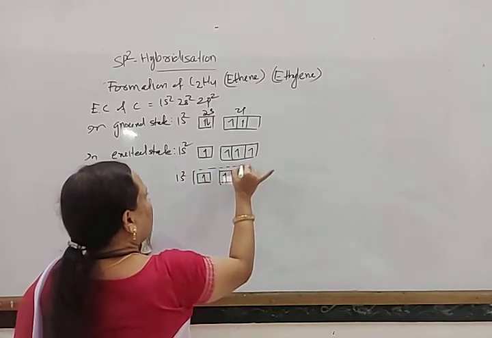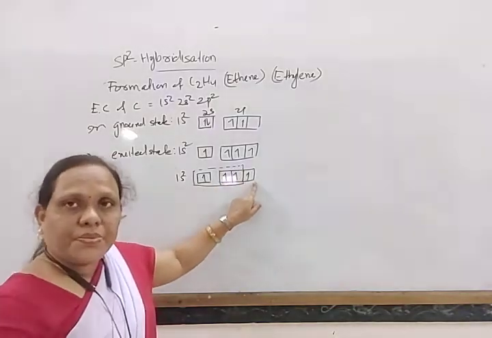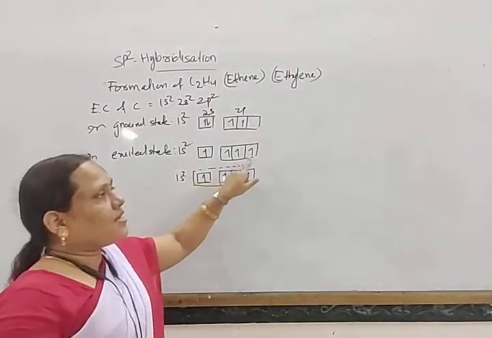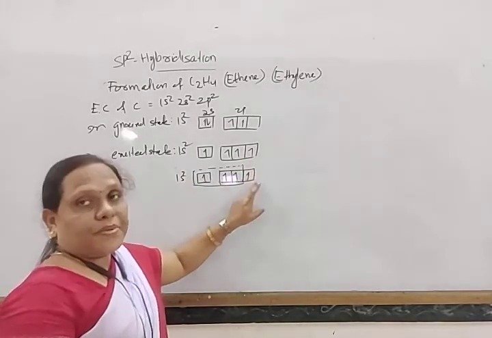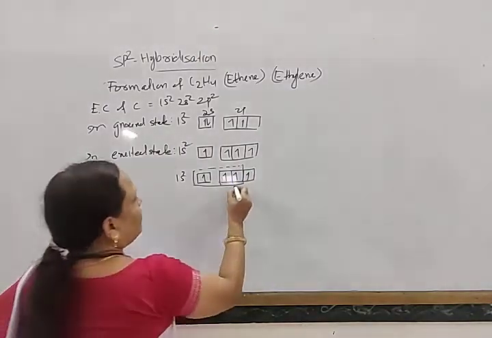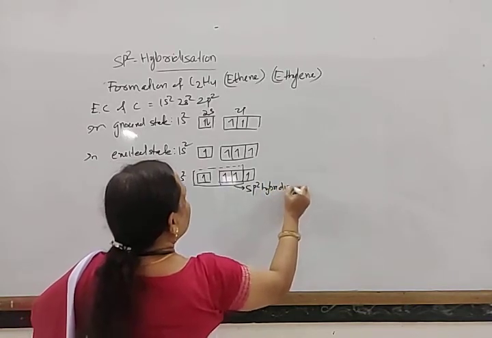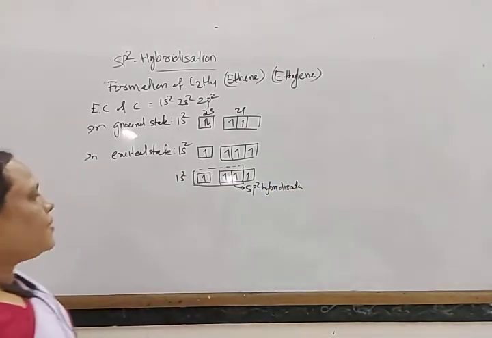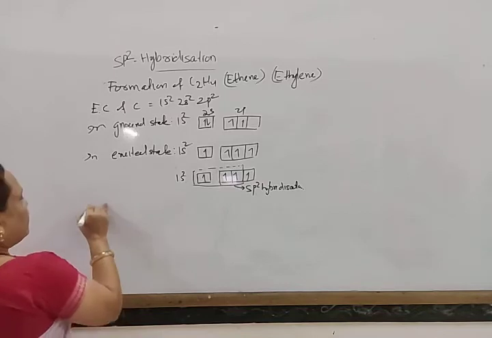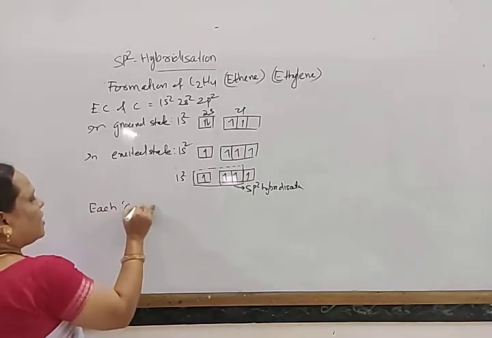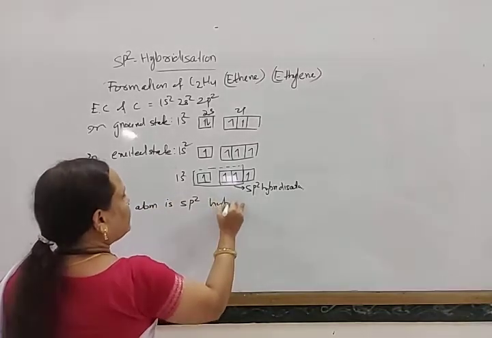These three undergo hybridization, forming sp2, and one p orbital remains unhybridized. So each carbon atom is sp2 hybridized.